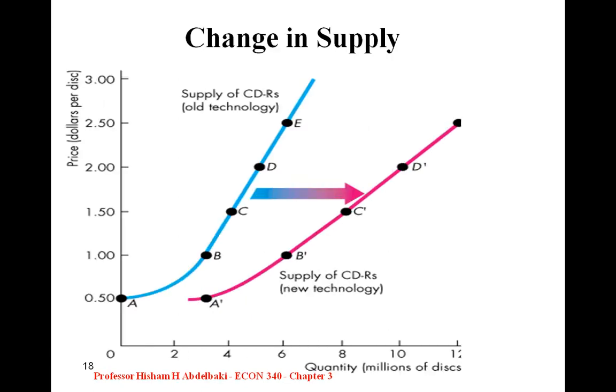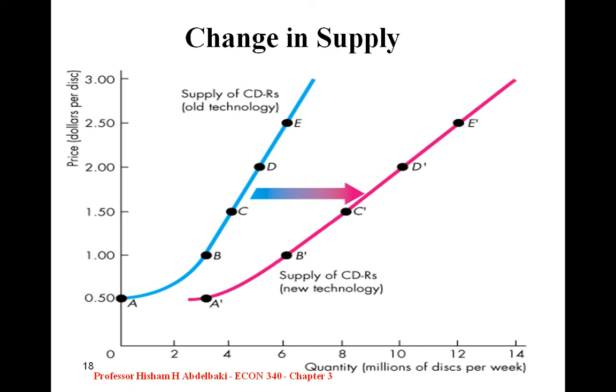But if we have a change in supply, the whole curve will shift to the right or to the left. In fact, the curve does not shift. If we have a change in supply, we have a new curve. This new curve may be to the right of the initial one or to the left of the original one.